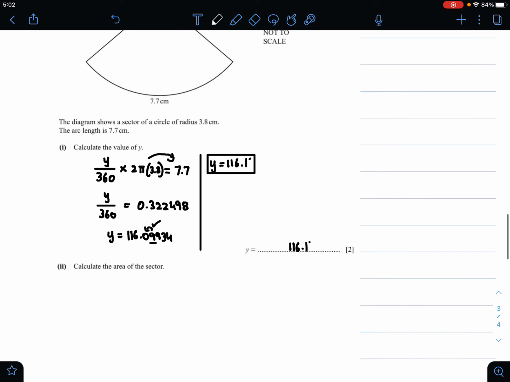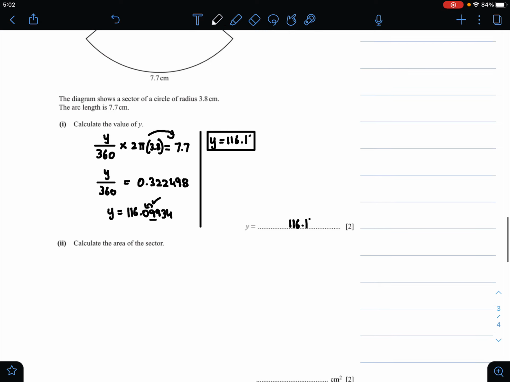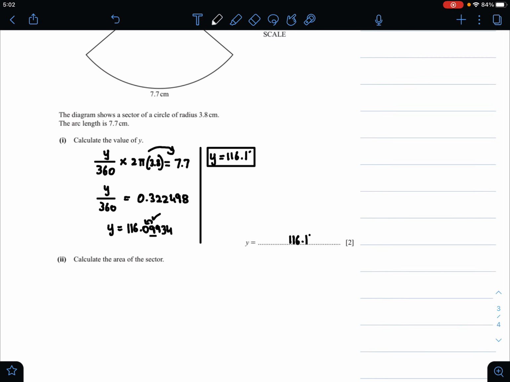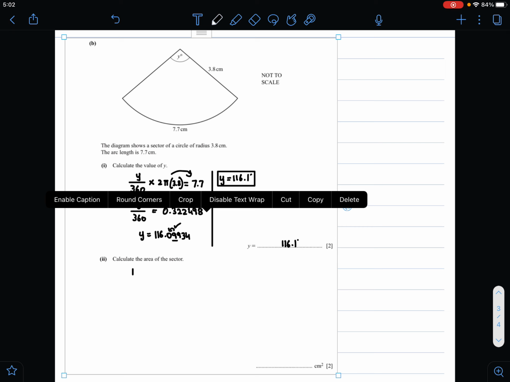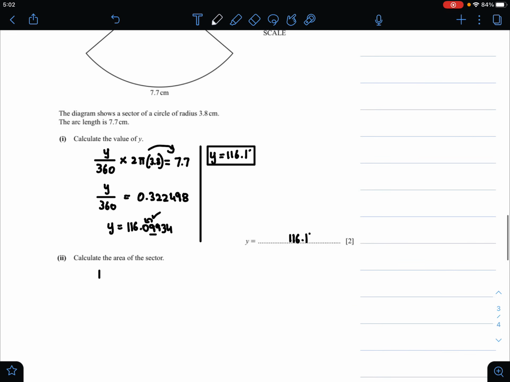Now let's move to part B2, where they are asking us to calculate the area of the sector. So the formula to calculate the area of the sector is the angle that we calculated as 116, let's take the original answer so that we don't face the premature rounding error, divided by 360 multiplied by the formula of the area of a circle, so multiplied by pi r squared.